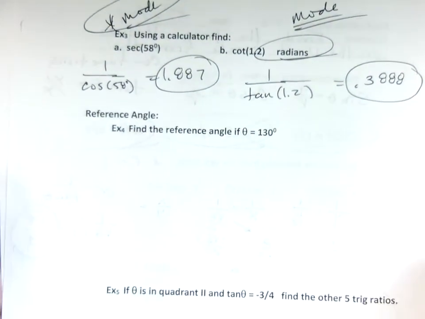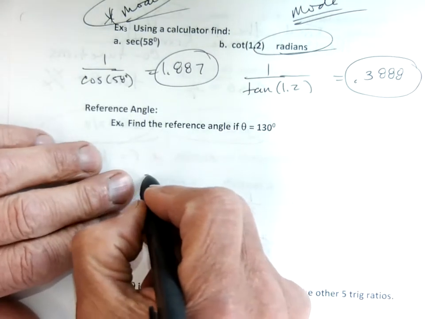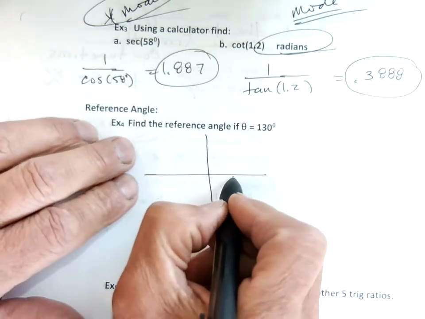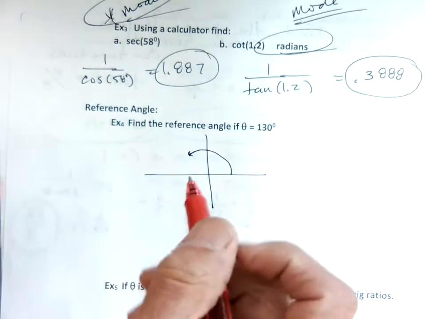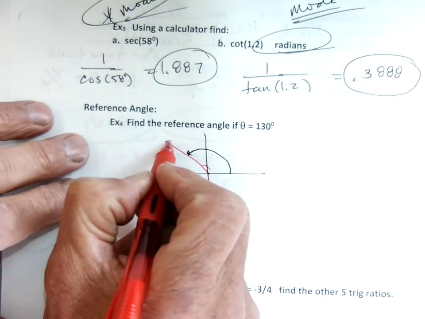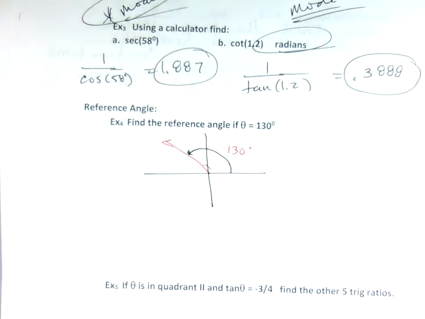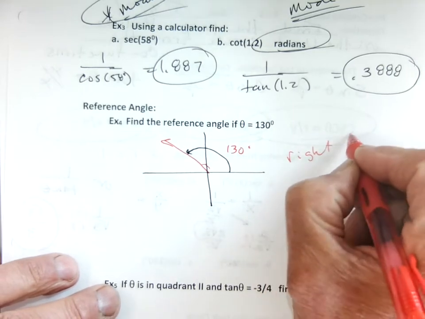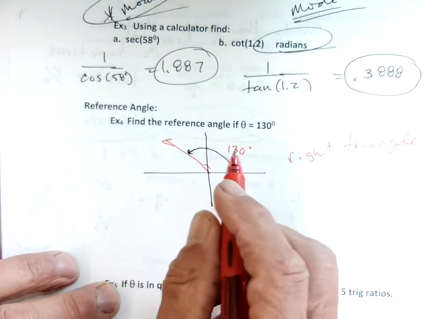Reference angle, real quick. We've talked about that before, and I'm just going to do a real quick review of it. Reference angle, if I draw a 130 degree rotation, it's about there. But you can't draw a right triangle from 130 degrees.